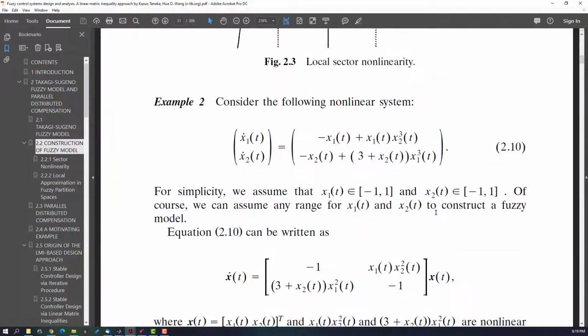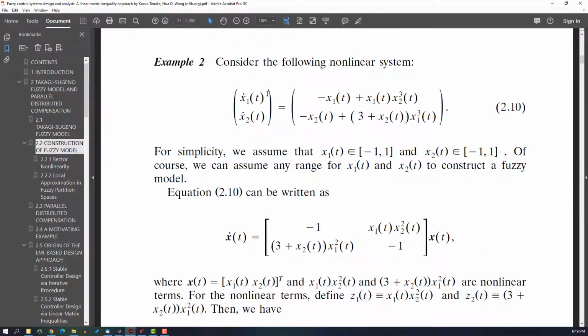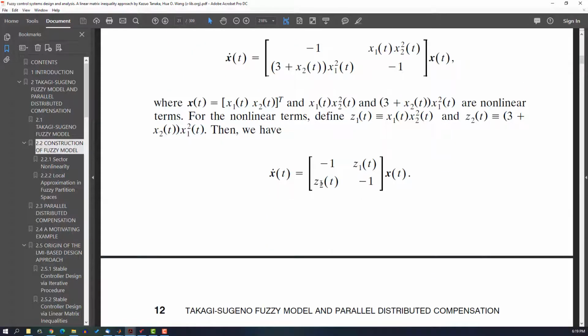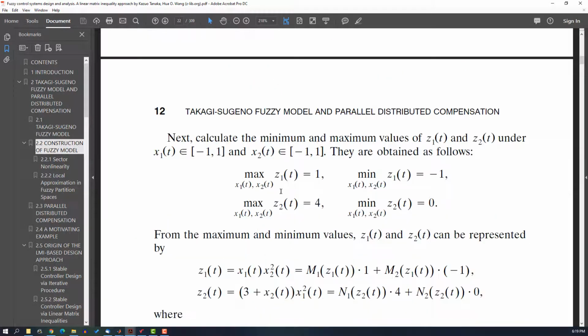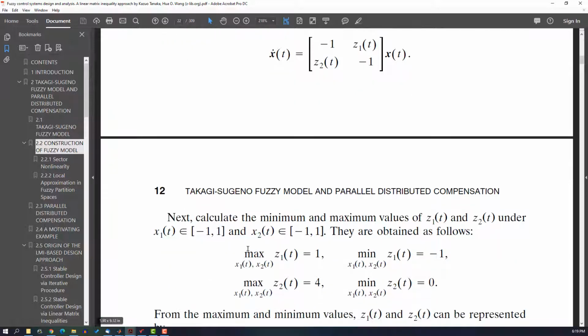Okay, so here, come back to this system. You have this one and this one, and here is set an assumption that your states x1 and x2 will vary only between -1 and 1. So you have a maximum value of S1 will be 1 and min will be -1.